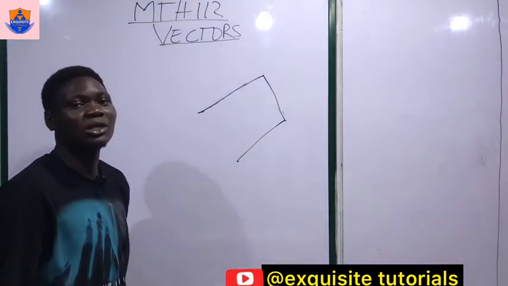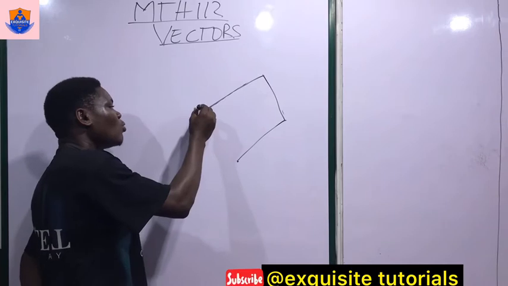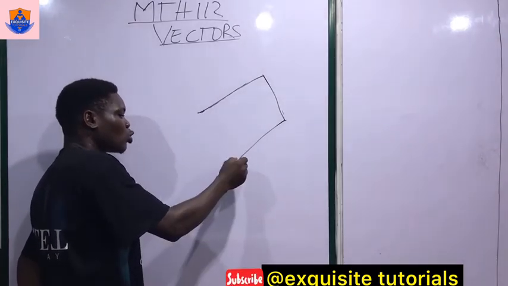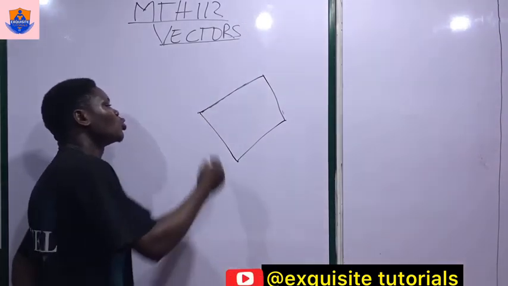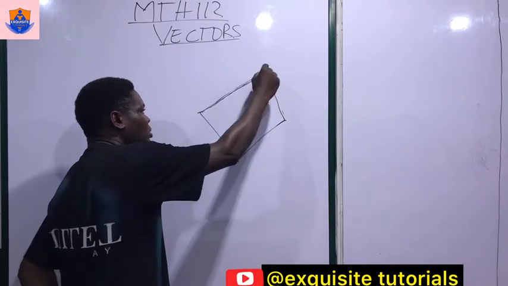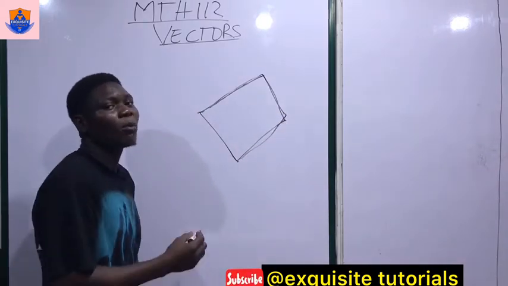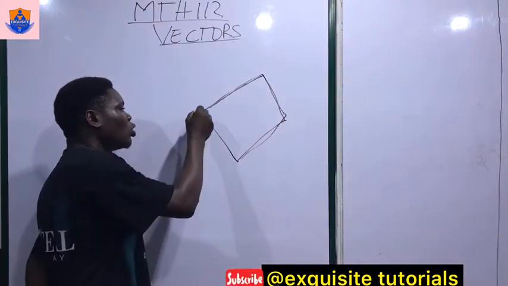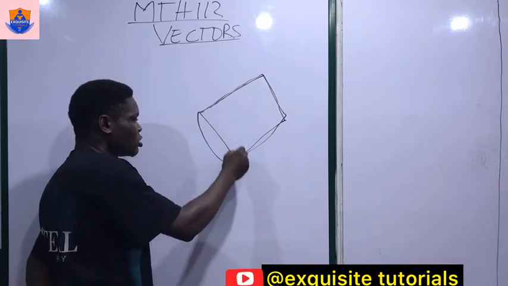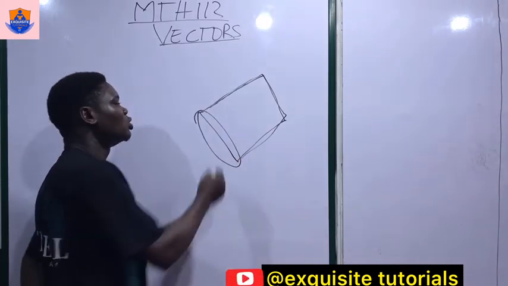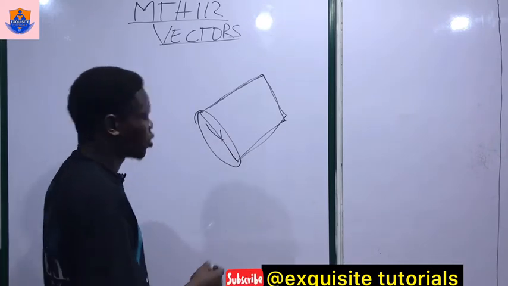But when you are talking about displacement, you are talking about where you started and where you stopped, and in what direction. So the distance you moved is this place, this place, this place, but your displacement is actually just this part. So this is what vector is all about.